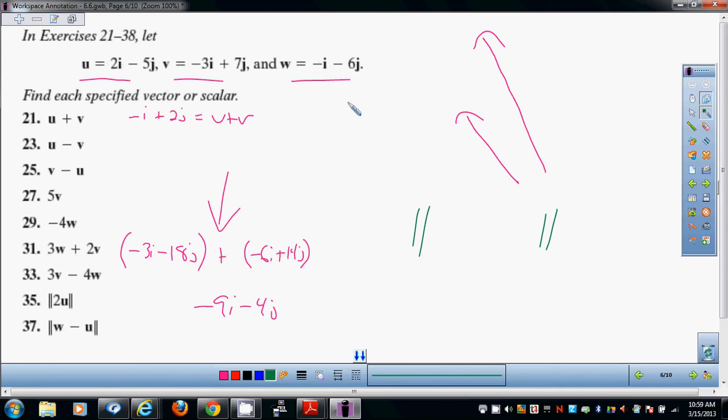So negative i minus 2i, negative 3i, negative 6j minus a negative 5j, negative 1j. And then you need to find the magnitude. So 3 squared plus 1 squared equals m squared. That's square root of 10. So you do the order of operations. You do it inside first, and then magnitude it up. Questions?